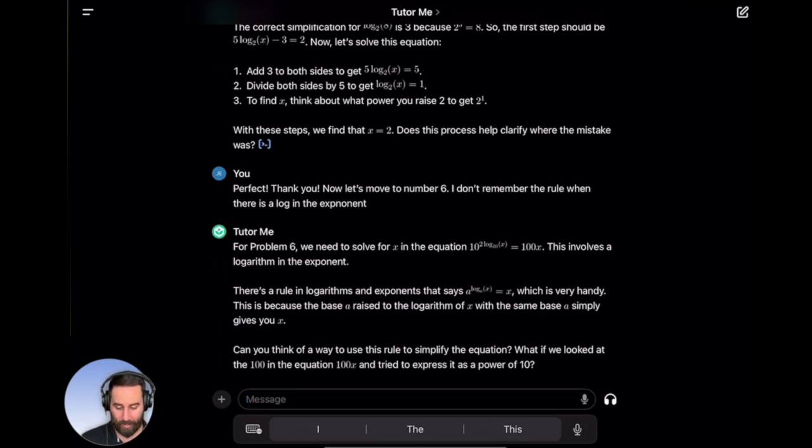So 2x. Okay, what does it do with that? What would the equation look like? So would it be just equals x? So 100x. What do you do with the 2 coefficient?